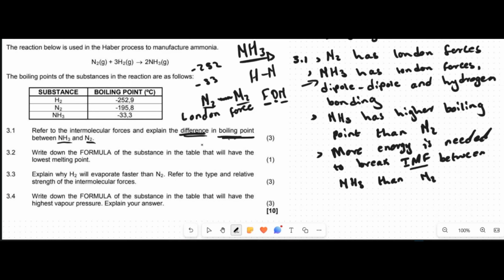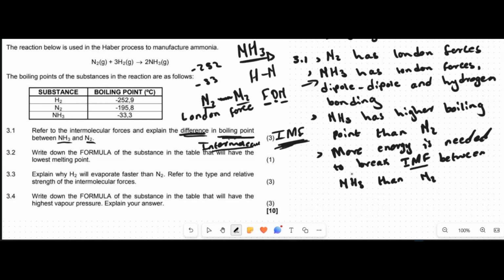Guys, write it in full. Write intermolecular forces. Because last year we were advised by the chief marker of physical science that they no longer accept the abbreviation. When I was in grade 11, I used to write it like this, but last year they said they want you to write in full.